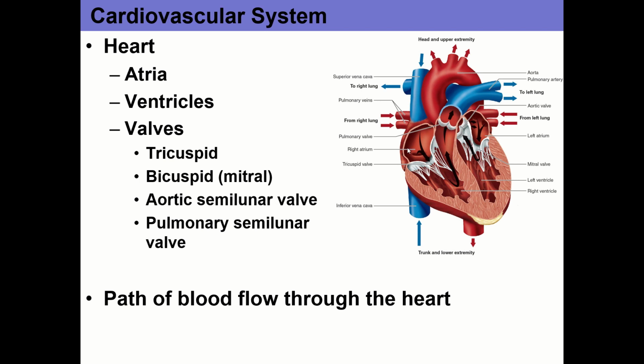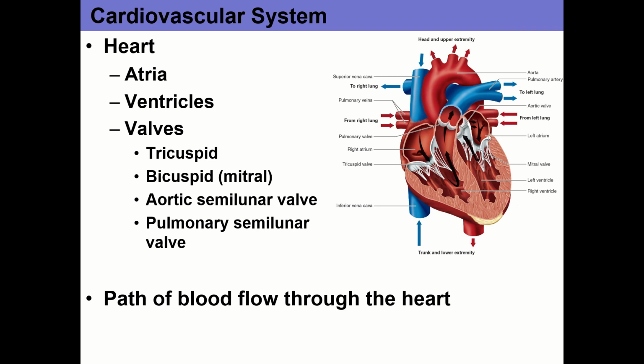So these two, this one and this one, are called the atrioventricular valves, the AV valves, because they're between the atria and the ventricles. They prevent backflow from the ventricles back into the atrium. So there are 2 of those. There's a tricuspid and the bicuspid valve. Tricuspid valve is here, and it's called tricuspid because it has 3 flaps.